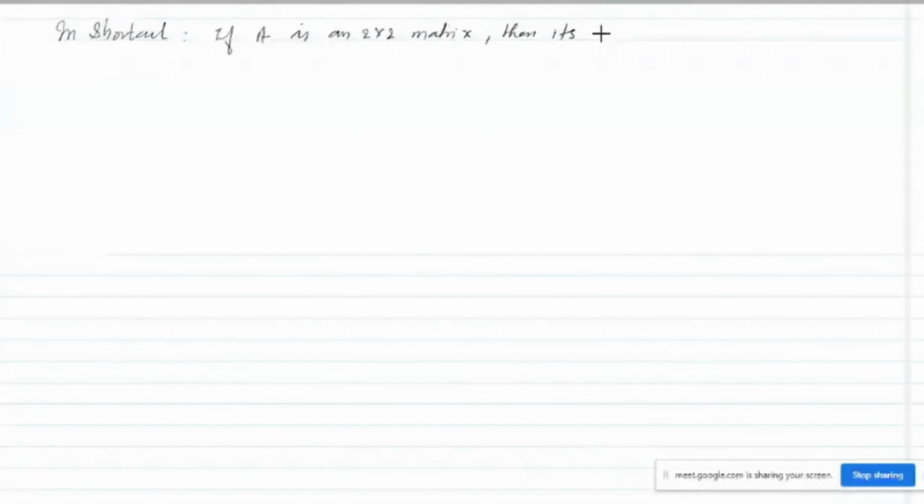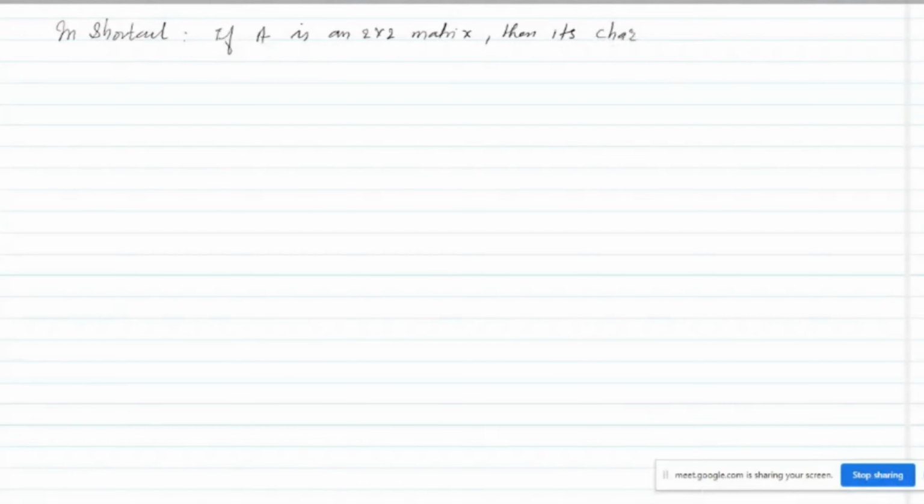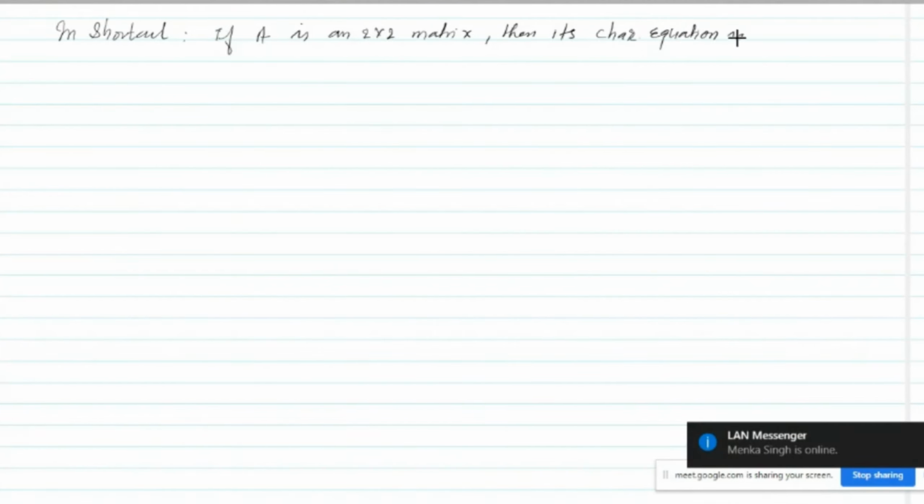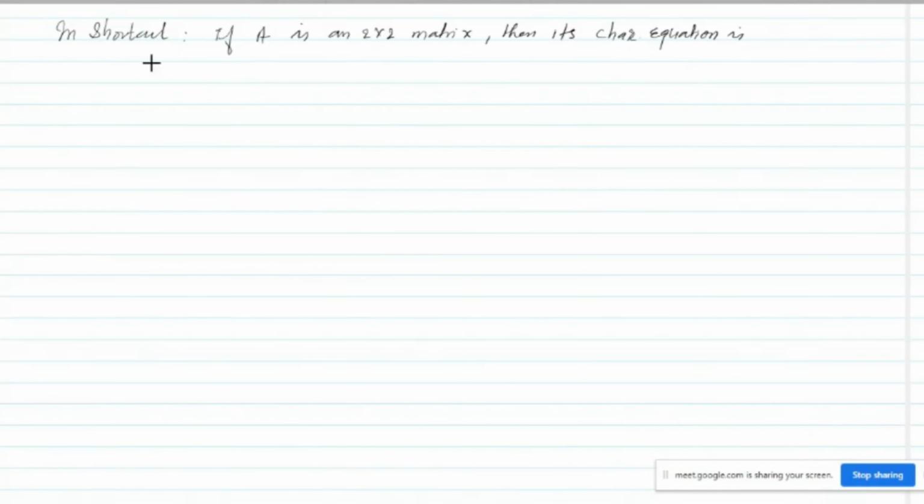If A is a 2 cross 2 matrix, then its characteristic equation is a polynomial of degree 2.